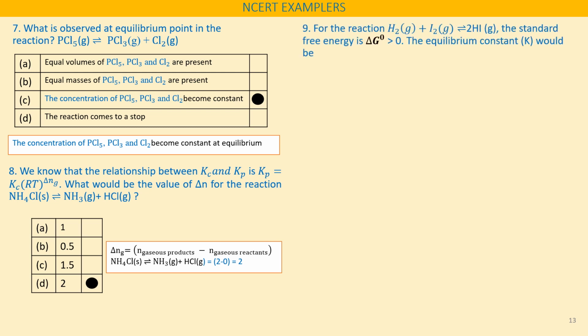Please mark it. Next question: for the reaction H2(g) + I2(g) ⇌ 2HI(g), the standard free energy change ΔG° is greater than 0.